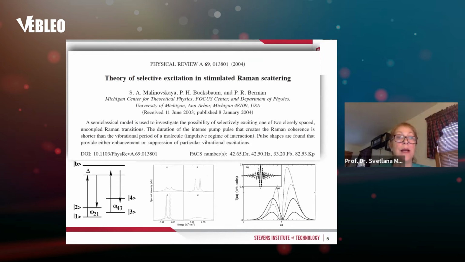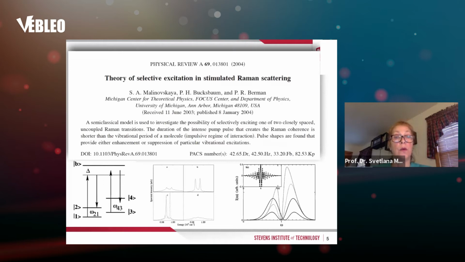Well, I started my work on quantum control in Raman spectroscopy with the publication in Physical Review A in 2004. In this work, I explored a possibility to selectively excite closely spaced vibrational modes in stimulated Raman scattering.